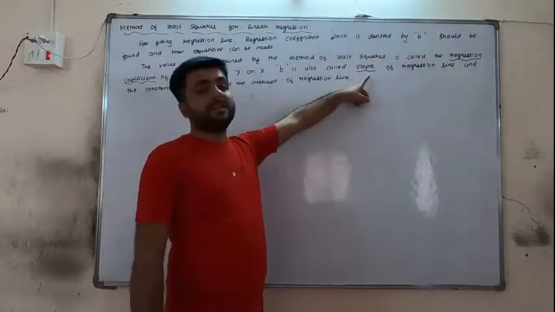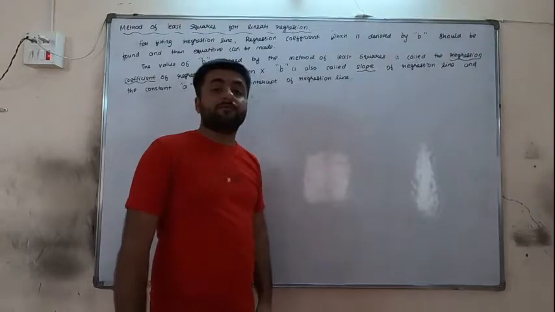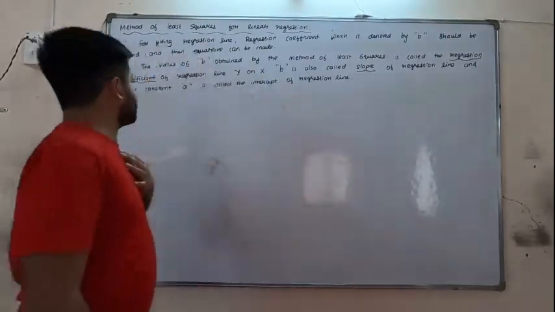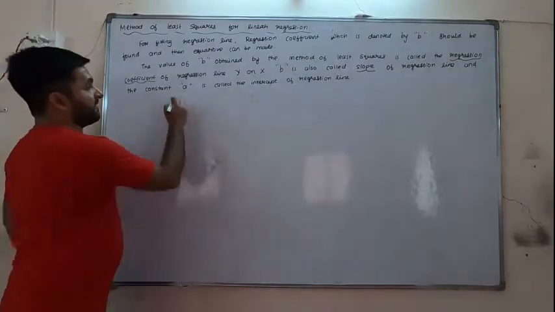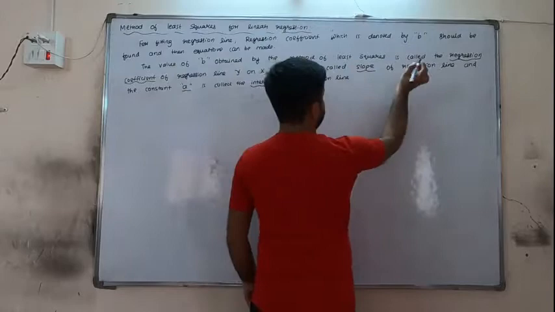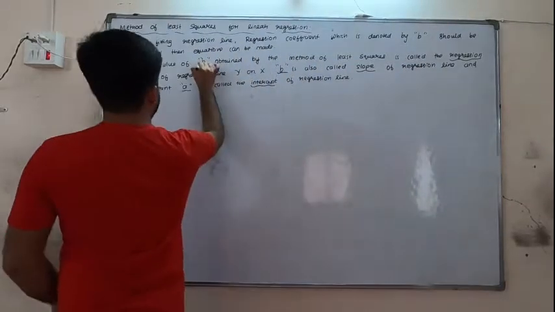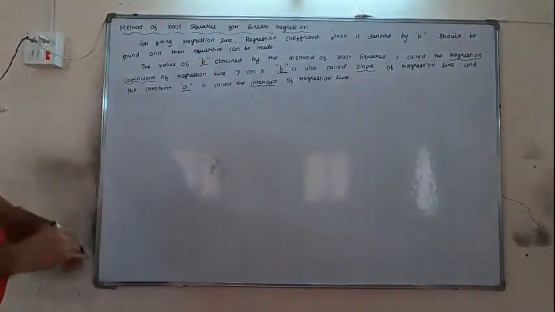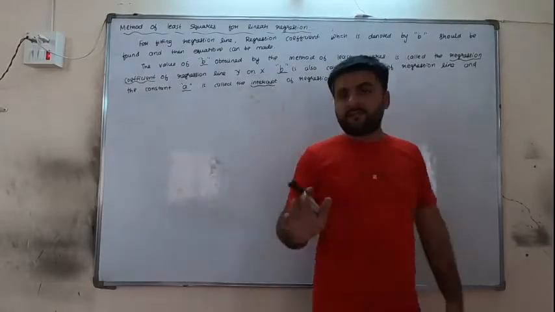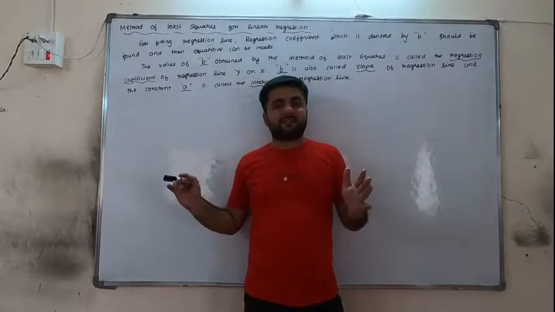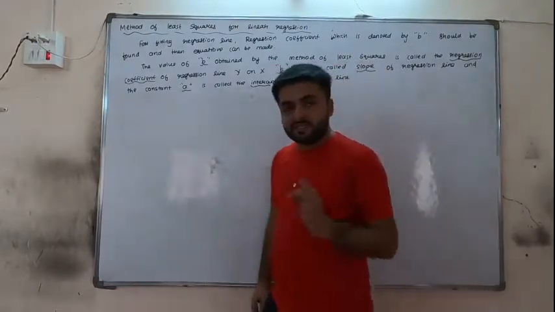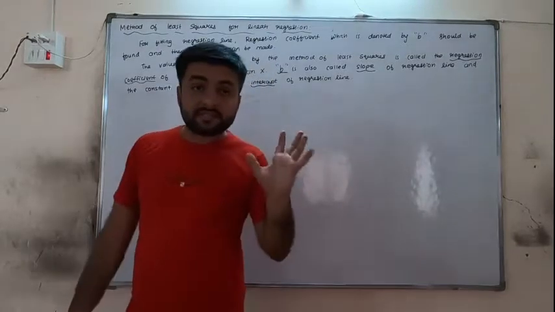The second name of b is slope. Slope means the change made by two variables of the regression line, and the constant a is called the intercept. Underline these things. Here there are two constants, a and b. In the equation we have seen alpha and beta, but for our ease we will call them a and b. So b is the main thing.